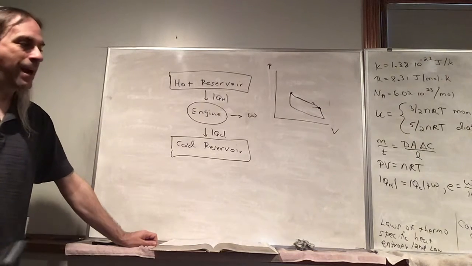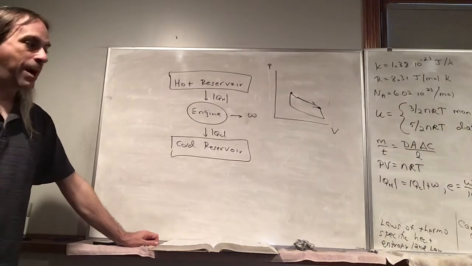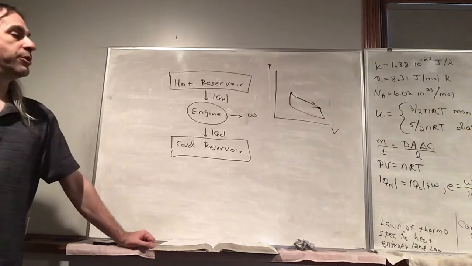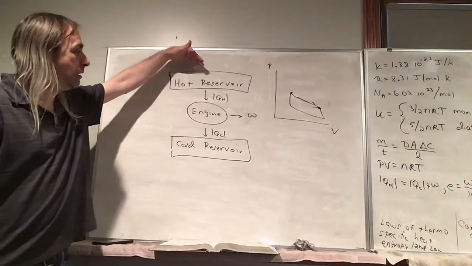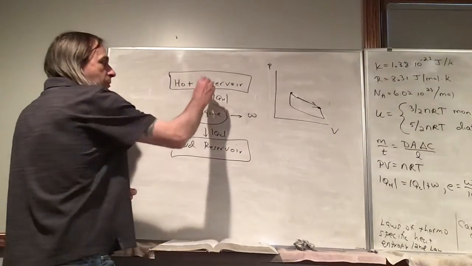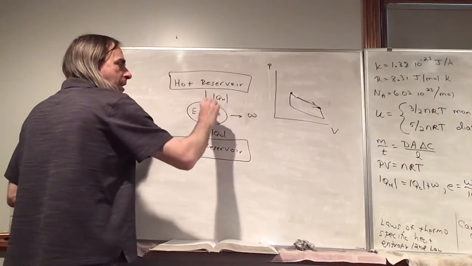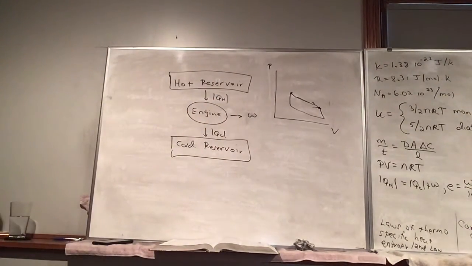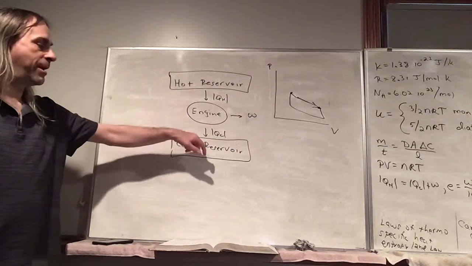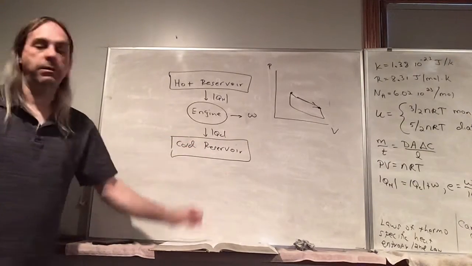What we're getting out of the engine is the work that it's doing, but we have to divide by what we're putting into it, which is QH. If we had a diagram where the flow of heat just didn't split up, and whatever we put into the engine is converted directly into work, that would have an efficiency of 1, or 100%. But because we have to dump energy into a cold reservoir, we're always going to have an efficiency less than 1.